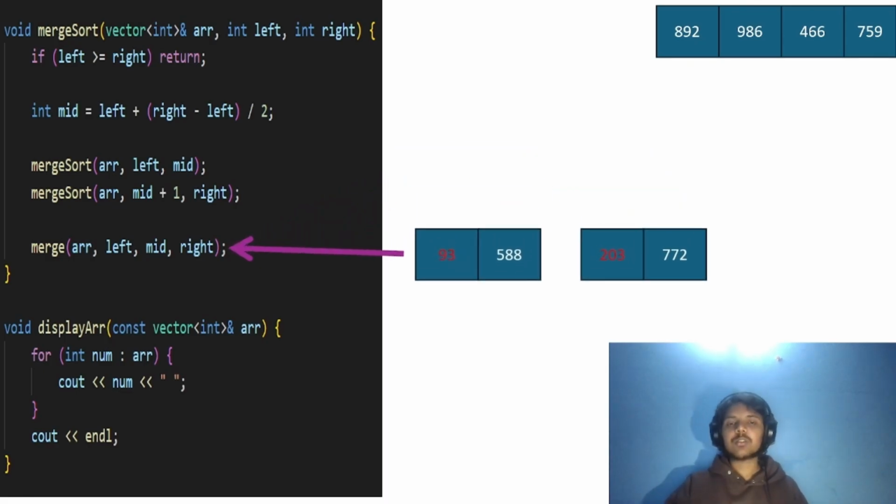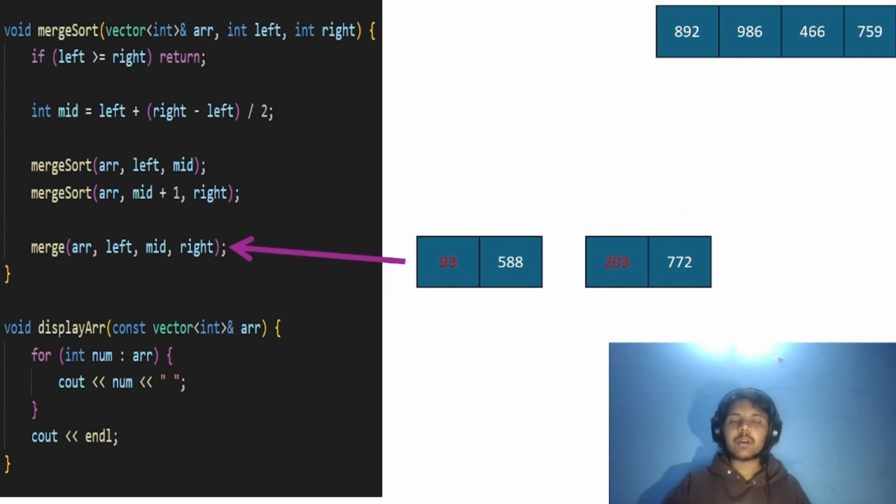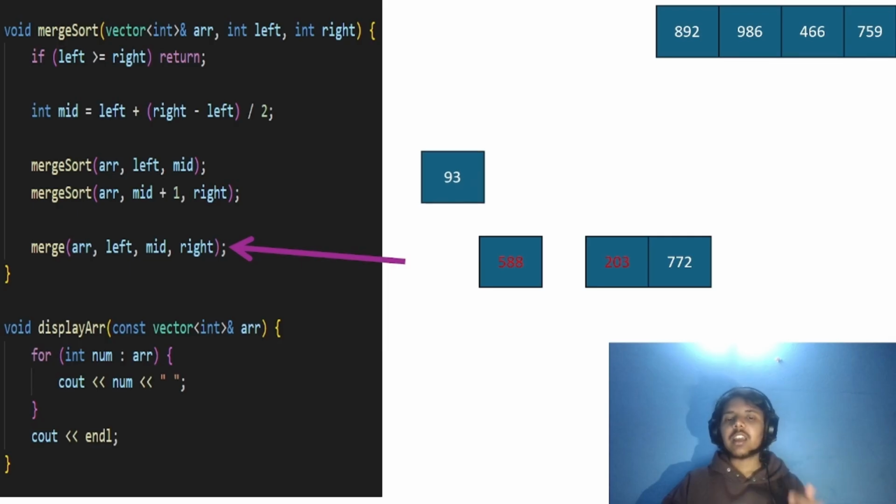Now finally, the two sub arrays will be merged in such a manner that the least element of each sub array is first compared, and whichever is checked to be smaller than the other will be stored in our actual array, which in this condition is 93, and comparing 5, it would be 203.